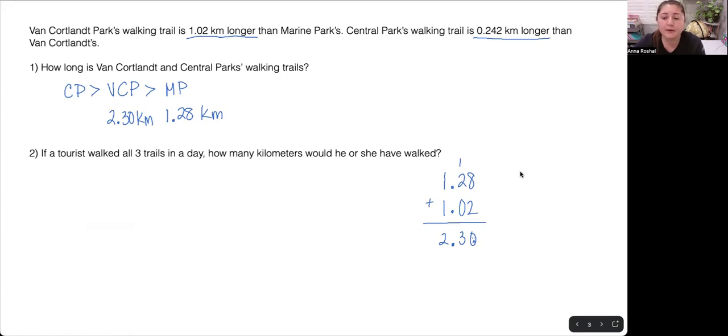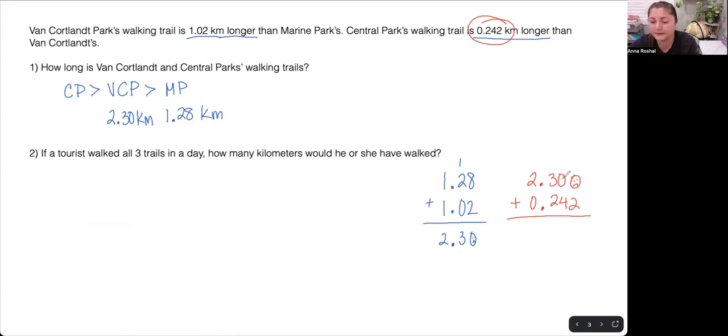Okay, so now we know that Central Park's walking trail is longer than Van Cortland's walking trail. So we can just take Van Cortland's walking trail, which is 2.30, and add this number here. So I'm going to go ahead and make sure that my decimals are fully lined up. And in here, you can tell that you do need that sad zero.